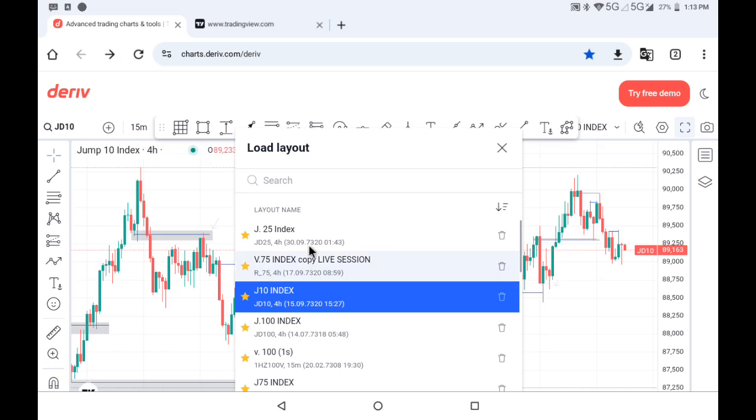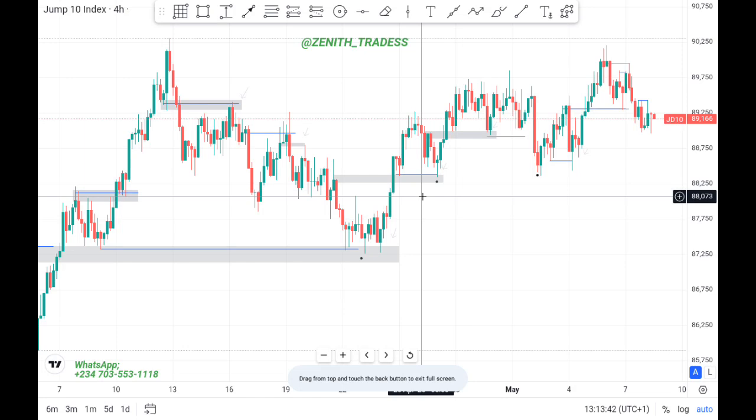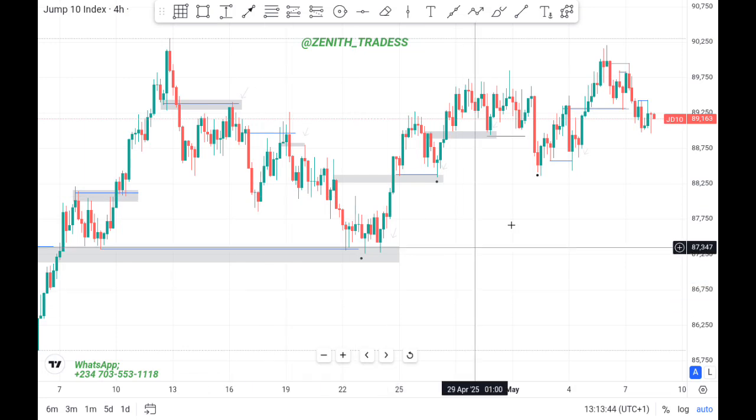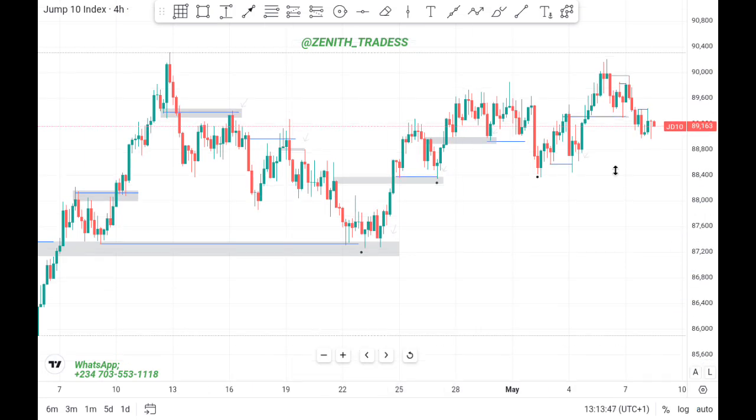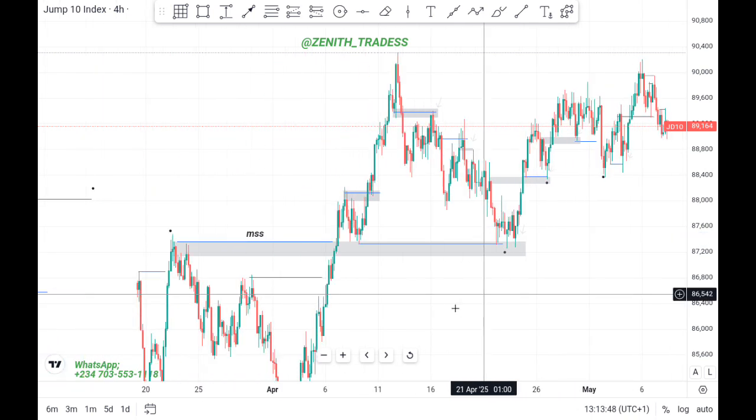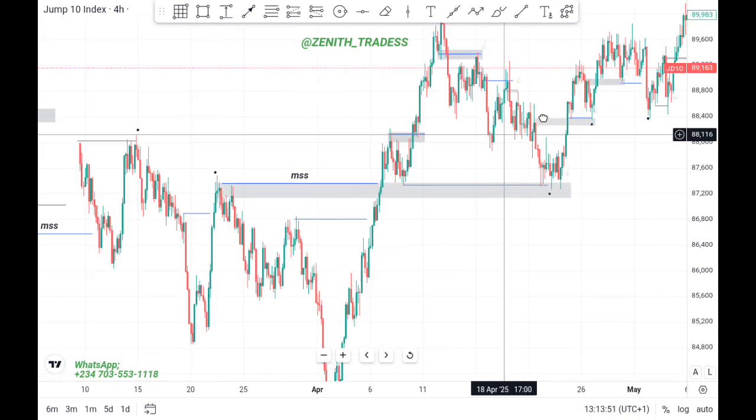Okay, so this is Jump 10 Index. Let's look at some of these things we have said. Let's use price storyline, the price phase, each phase of the movement, and the objective to determine how we are going to frame our entries.